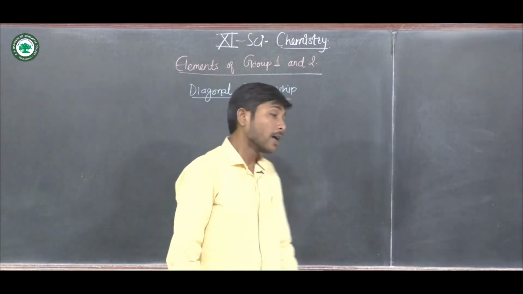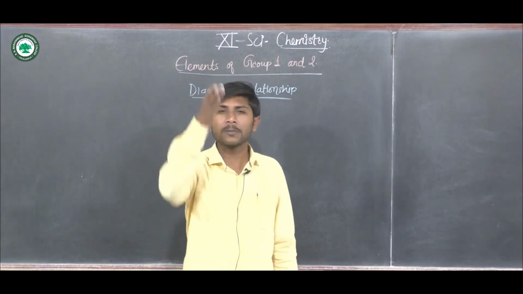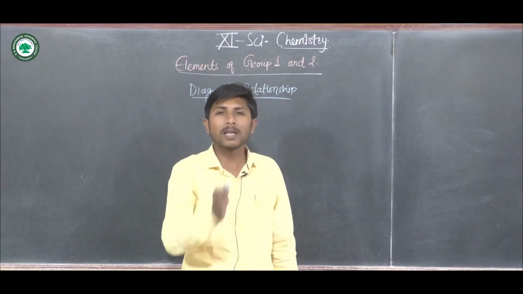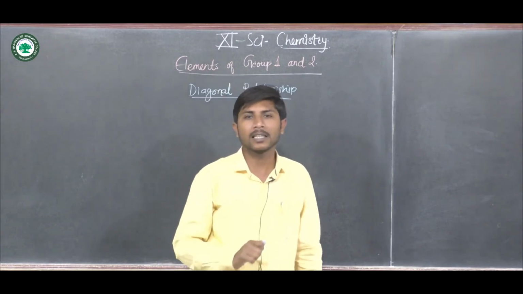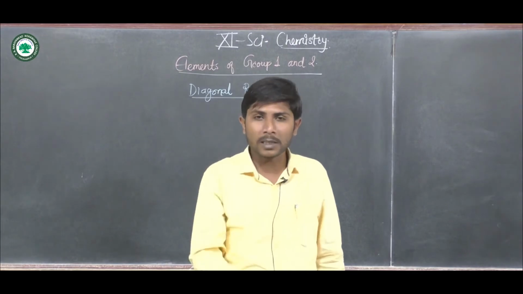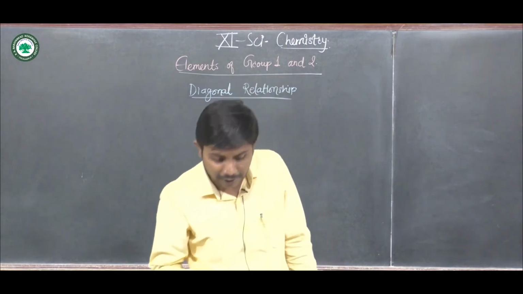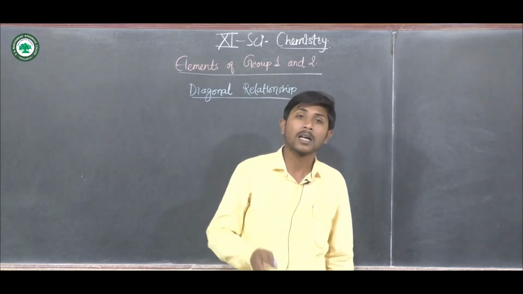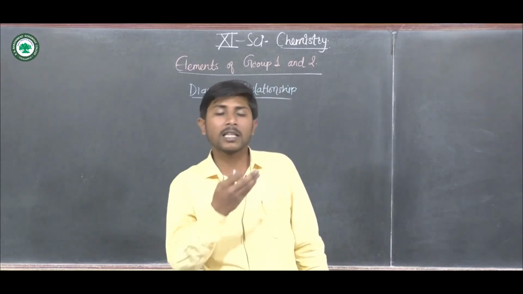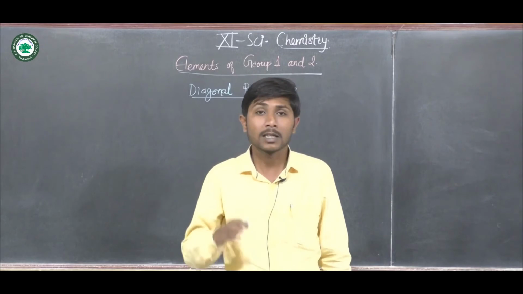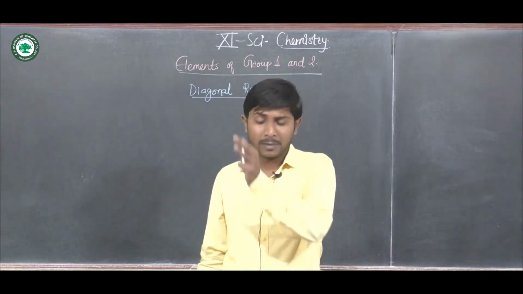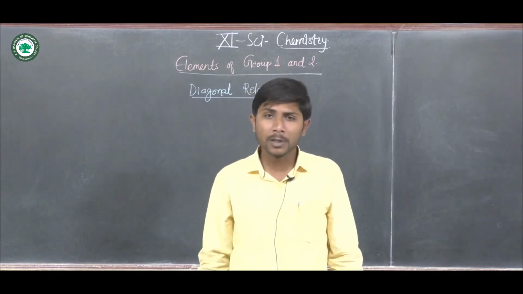Those elements which belong to the same group will show some similarities and gradation in their properties, like atomic radius, ionic radius or ionization enthalpy. They gradually change. Somewhere they will increase, somewhere they will decrease, but along the group, mostly they will have the same properties.